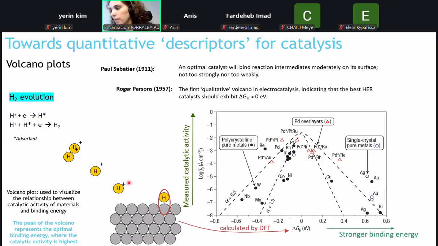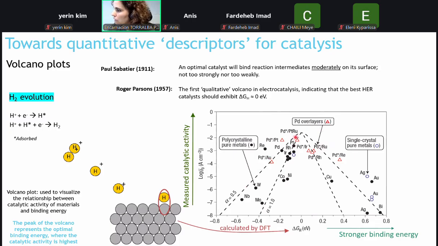But if the binding energy is very strong, then the first step of the reaction will take place, but not the second, because then it cannot detach. So it's a way to know the peak. I wrote it here.